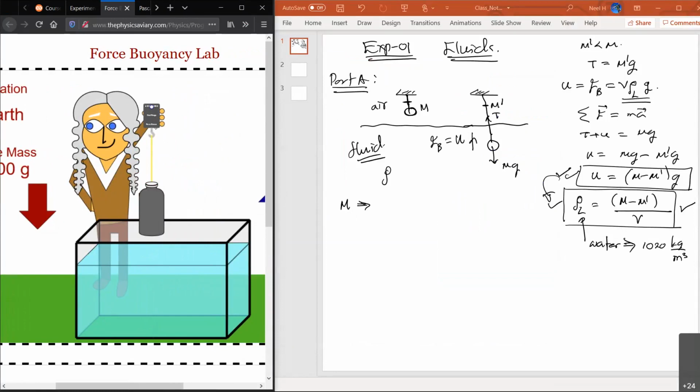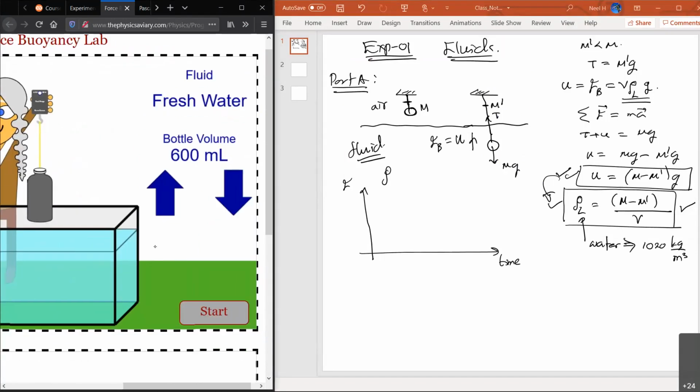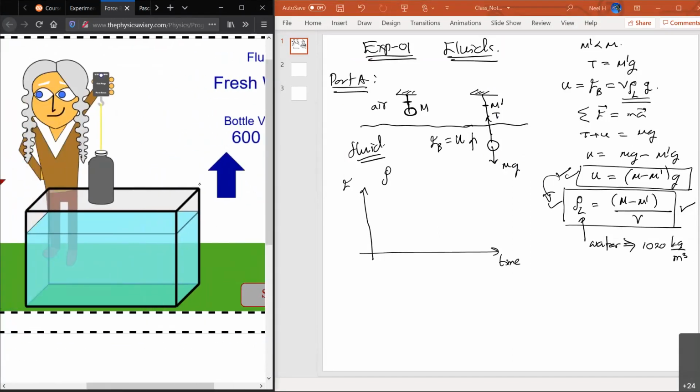As a result, after you run the simulation, you will automatically see the real weight. The force sensor will give you a graph like this one, the force versus time. So for example, let's run this one to see how it happens.